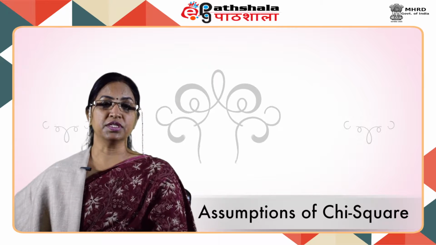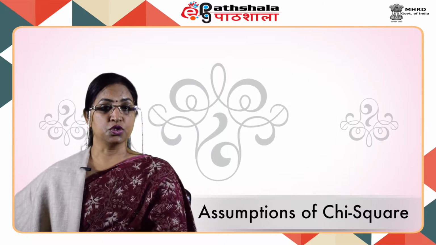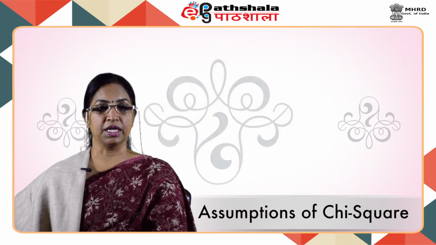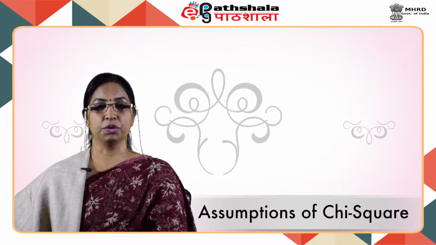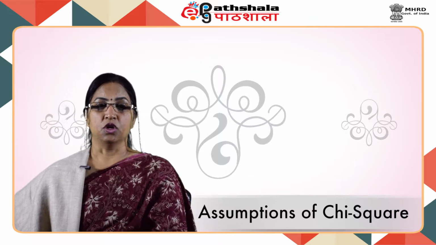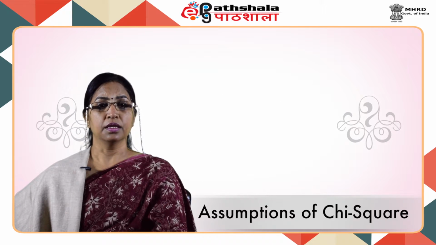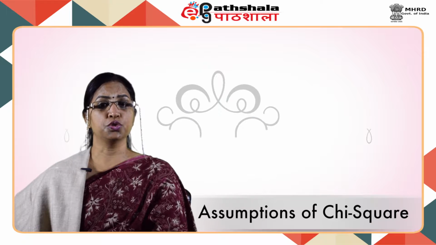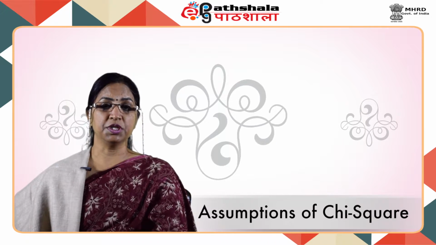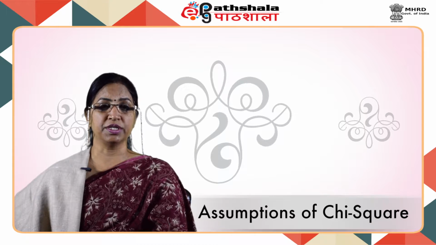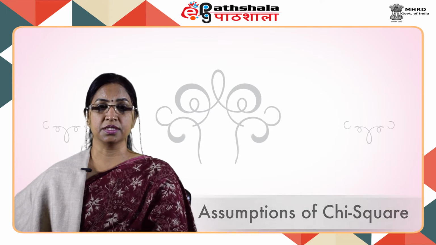Some of the assumptions required for the chi-square test are: First, it is assumed that random sampling is used to collect the samples from populations about which inference is to be made, and the observations are assumed to be independent of each other. This means that per subject there should be only one observation. It is assumed that in repeated experiments, the observed frequencies will be normally distributed about the expected frequencies.